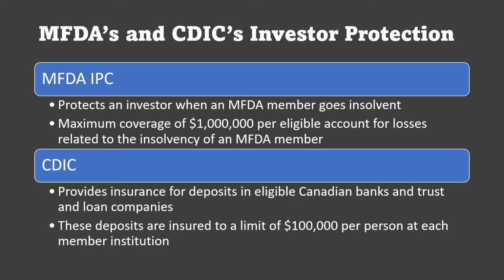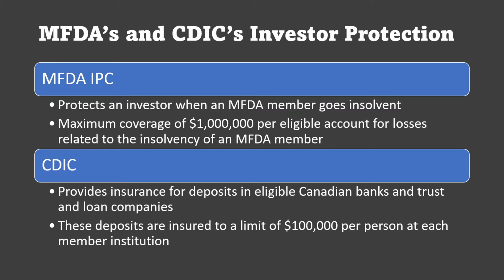Then you also have the CDIC, and this is much different from both the MFDA IPC and the CIPF. The CDIC provides insurance for deposits in eligible Canadian banks, trusts, and loan companies. These deposits are insured to a limit of $100,000 per person at each member institution.